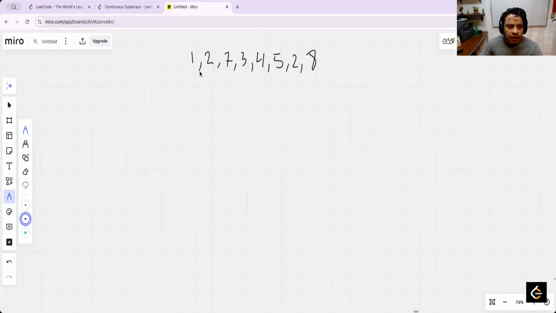The first thing is the length of the array: 1 2 3 4 5 6 7 8. We have 8 at this moment.